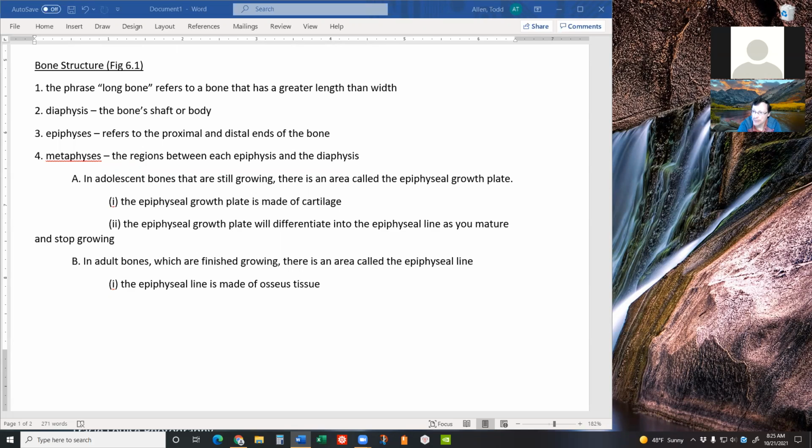If you can identify a bone that still has good structure intact, you'll be able to tell whether the person who has passed away is an adult or a child based on the tissue composition of the epiphyseal growth plate / epiphyseal line. If you find osseous tissue, you're dealing with an adult. If you find cartilaginous tissue in that same location, you're dealing with someone who was not finished growing yet, and so is an adolescent, okay?